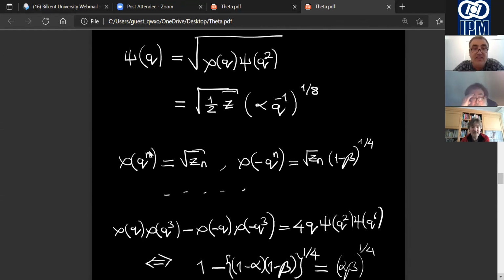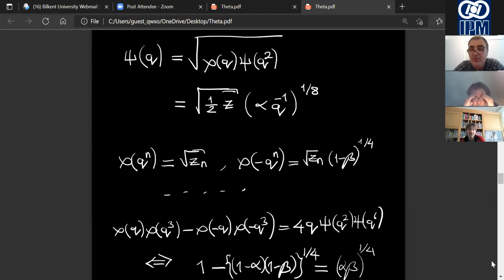So we set, if n is an odd integer, we denote this by root zn. And this becomes root zn times 1 minus beta to the 1/4. Basically, alpha corresponds to q, beta corresponds to q to the n, z1 corresponds to q, zn corresponds to q to the n.